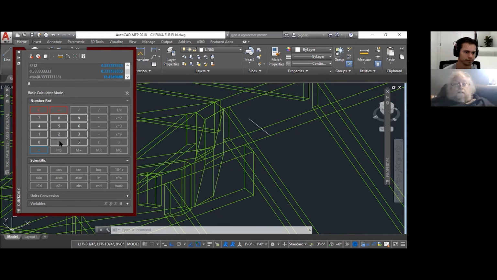Take our 8.5 inches, multiply it by 1.4142, which is the secant of 45 degrees, right? And we get 12.0207.